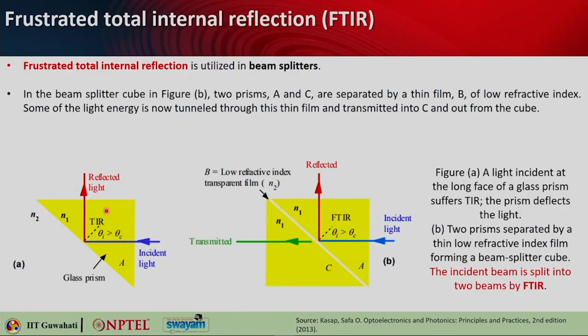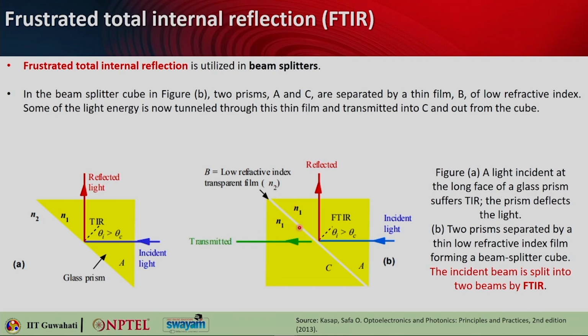Now let us look into this particular prism. This yellow one is a prism. Here you see you have an incident light, and when the incident light angle is larger than the critical angle, you are getting total internal reflection. So this is one glass prism. Now if you bring another glass prism next to this first prism, but introduce a small gap of air in between, that means you have a low refractive index transparent film, say n2, in between.